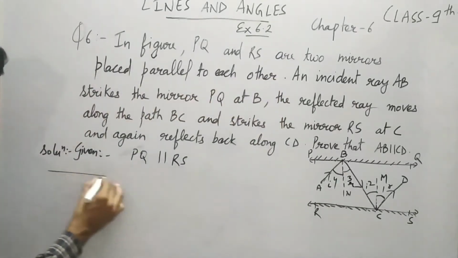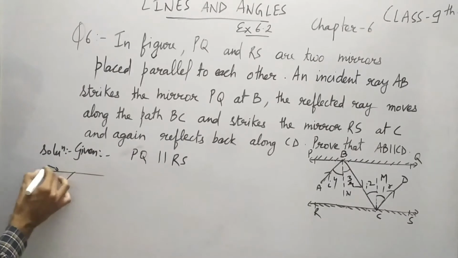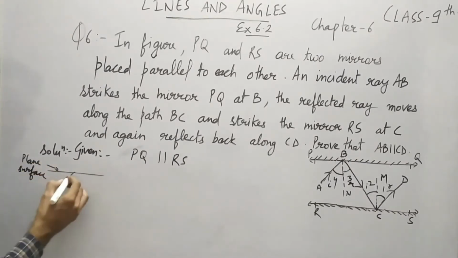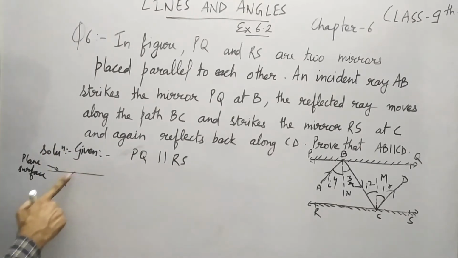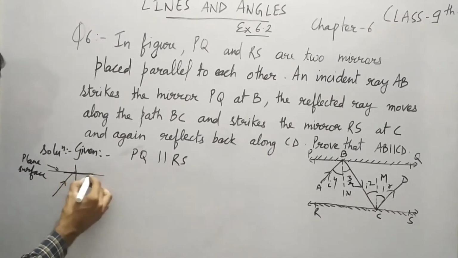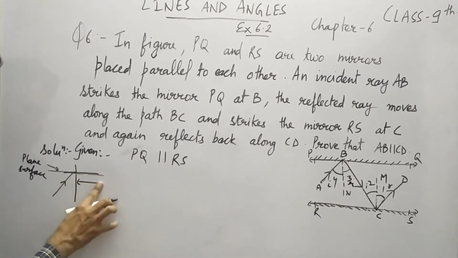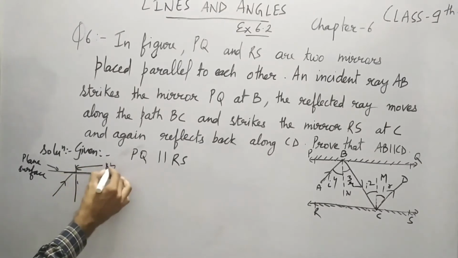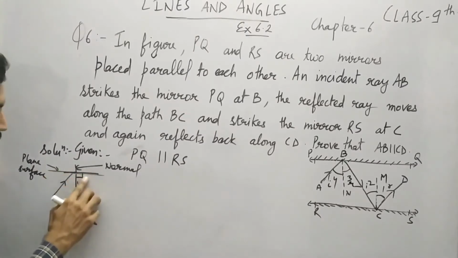Whenever a light ray strikes a plane surface, so you can see this is a plane surface, it gets reflected back at the same angle at which it strikes with the normal. The normal is a line which is perpendicular to a plane mirror, right? So this is a normal. Let me just represent it above. Normal is a perpendicular line to the plane mirror.